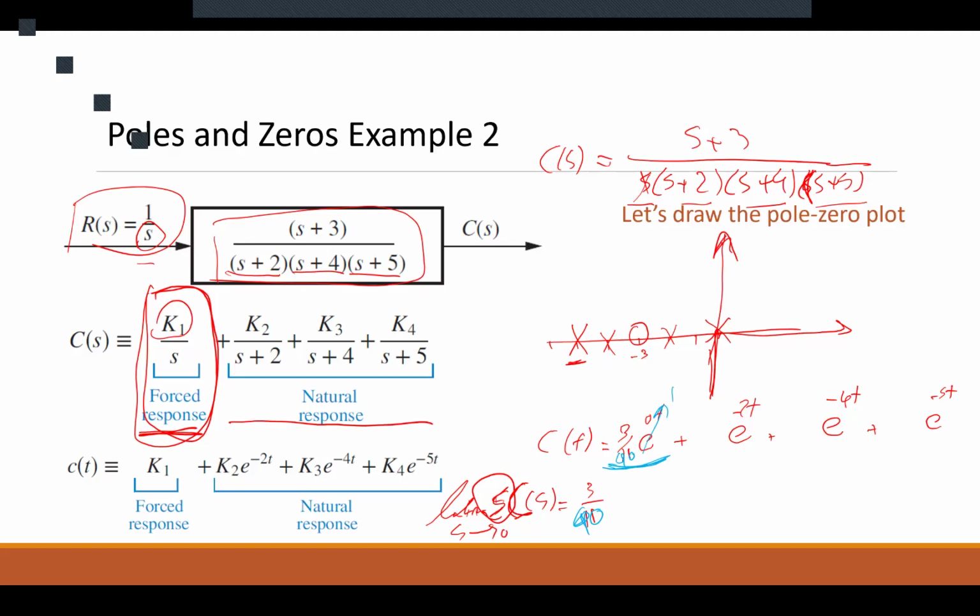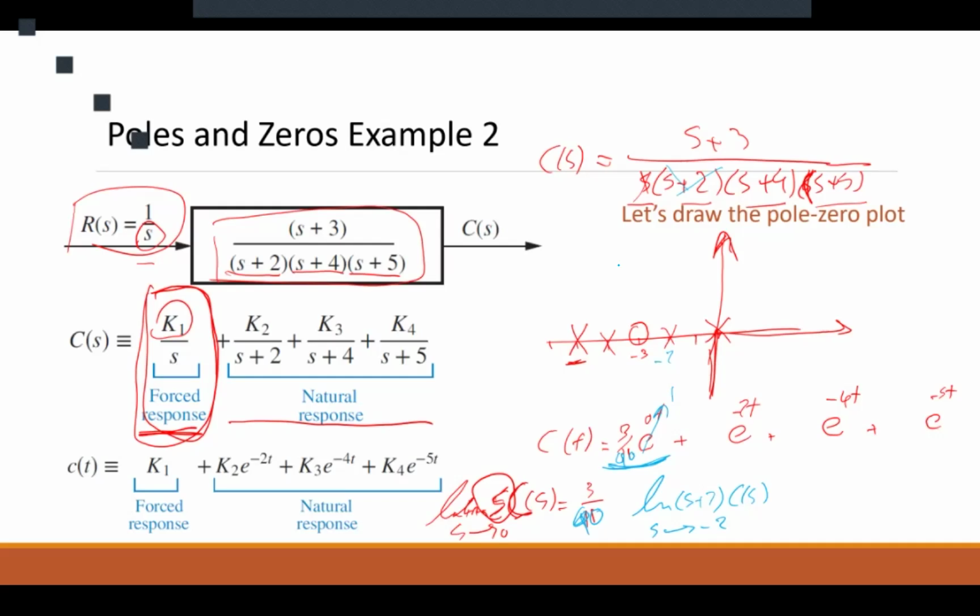Now, let's talk about the other pole, S equals minus 2. This is going to be the limit of S plus 2 times C of S when S goes to minus 2. Are we good? Now, if you do that, this pole is going to be eliminated. So in C of S, we put minus 2.